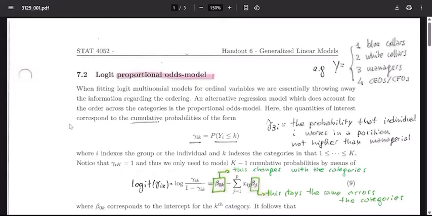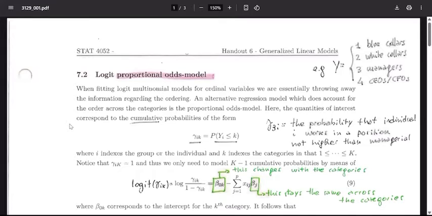That was why I said when fitting logit multinomial models for ordinal variables, we are essentially throwing away the information regarding the ordering, because the levels of the categorical variable are not ordered in that regard. Multinomial logistic regression is appropriate for that kind of situation.